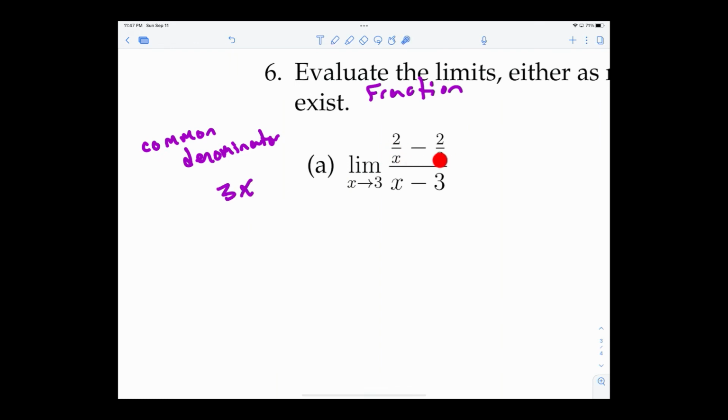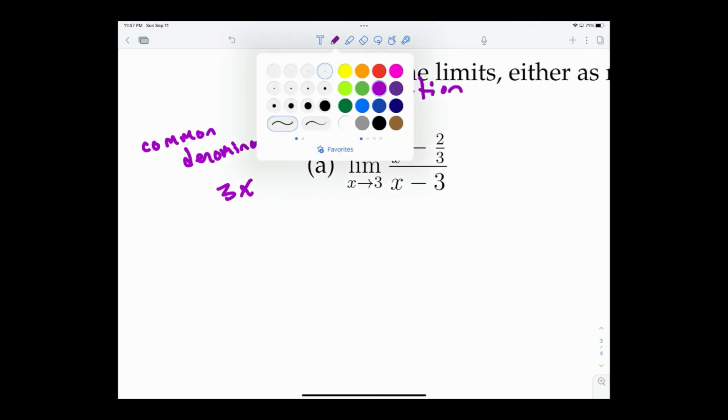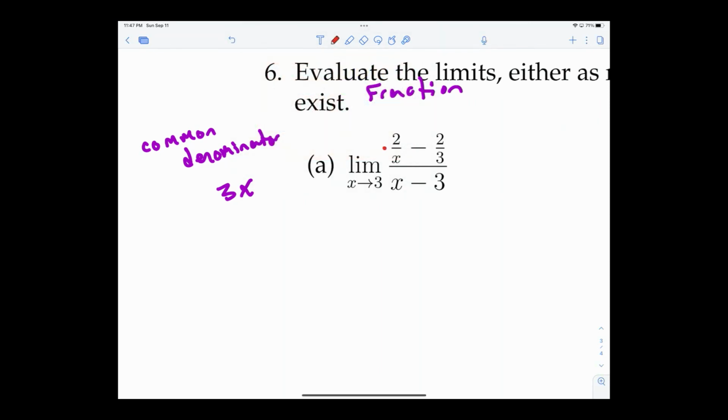Because we have the x and we have the 3. So what I do on these is I multiply every term by the common denominator. So 3x, 3x. Same thing in the denominator, 3x, 3x. Everything gets a 3x.